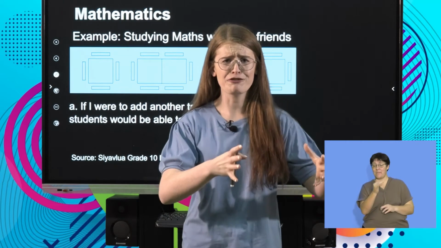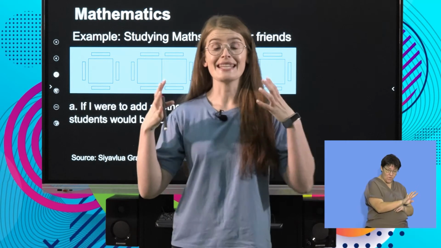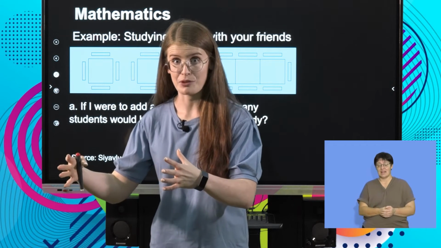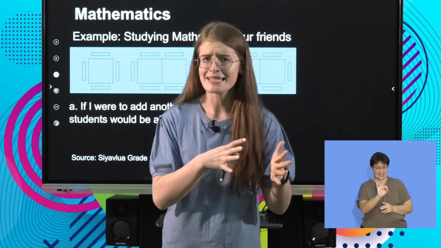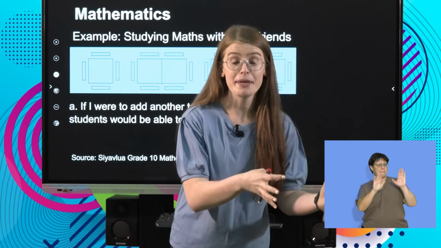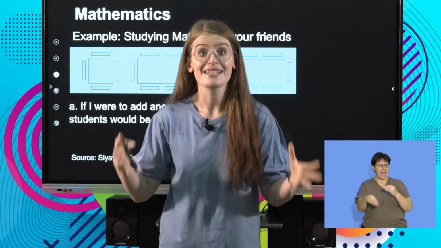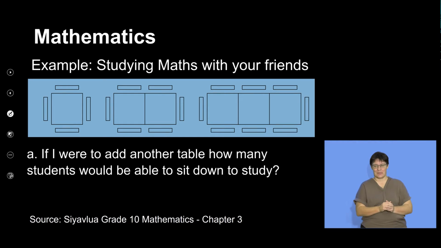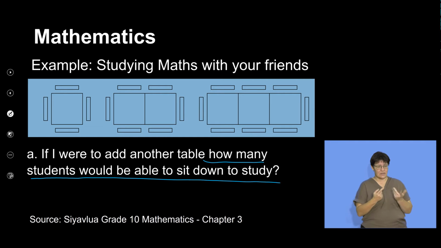We initially had 4 people at one table, then 6 people at 2 tables, then 8 people at 3 tables. We're going to see if there's any type of pattern between the number of people with the number of tables. Let's have a look at the example. So this example is asking me if I were to add another table, how many students would be able to sit down and study.